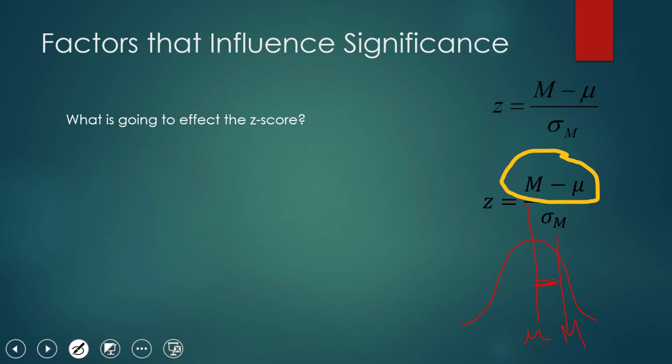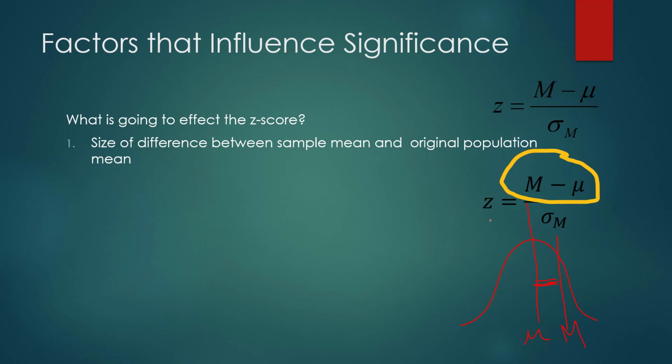What's the distance from the mean? The bigger that distance is, the bigger this z-score is going to be. So the size of the difference between the sample mean and the original population mean is going to affect the z-score. The larger this difference is, because that gives us a bigger number up here on top, the larger our z-score is going to be. So larger discrepancies, larger z-scores.